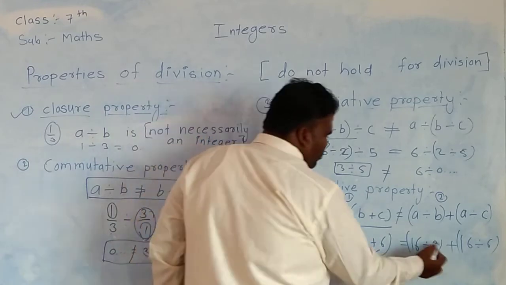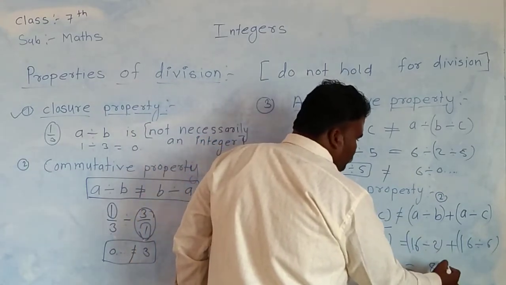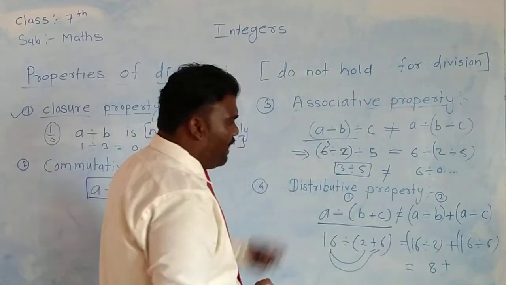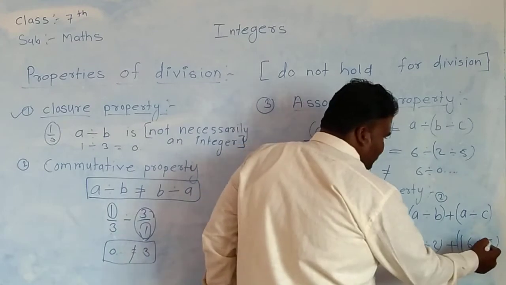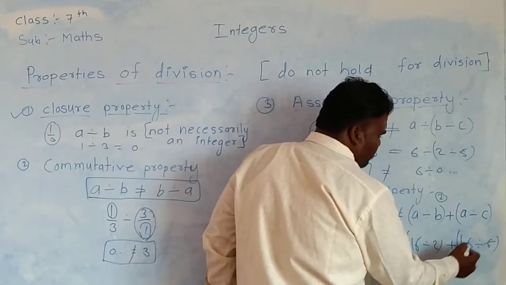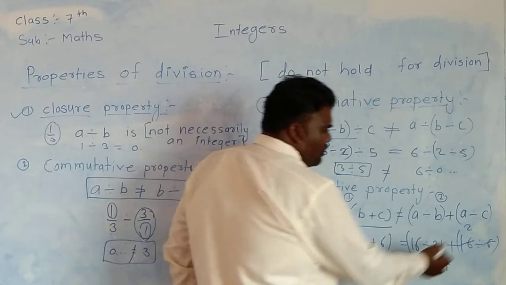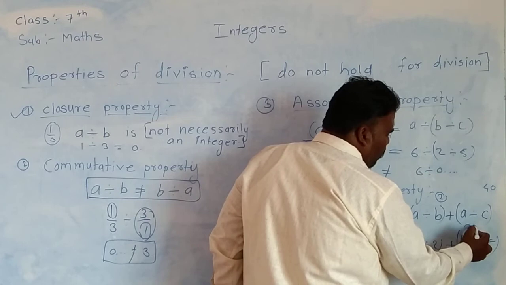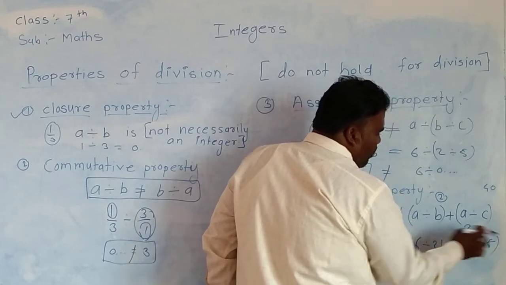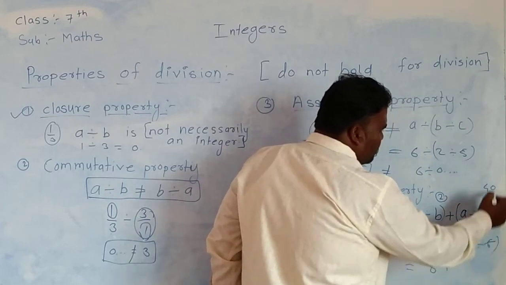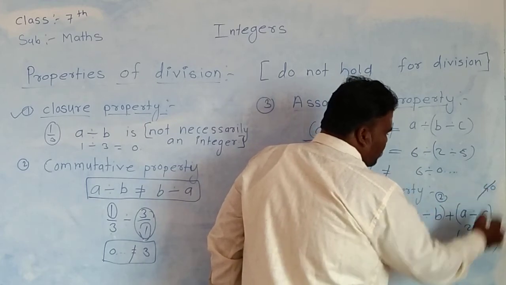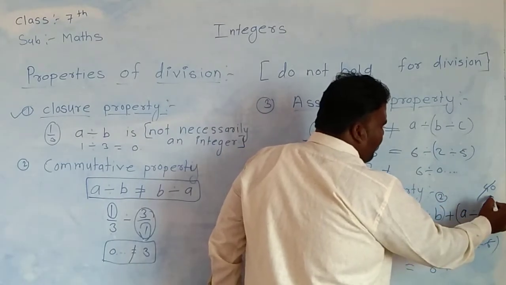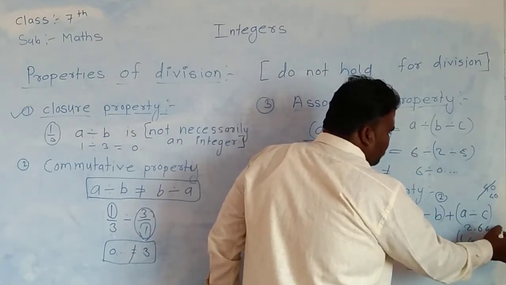So what will be the answer? Look here. 2 eights are 16, so the answer is 8. And what about this? Suppose we divide 16 by 6. What will be the answer? 6 twos are 12, so the remainder is 4, and put the 0 and put the decimal point here. 6 sixes are 36, so the remainder will be 4 and so on. 6 6 6 6.